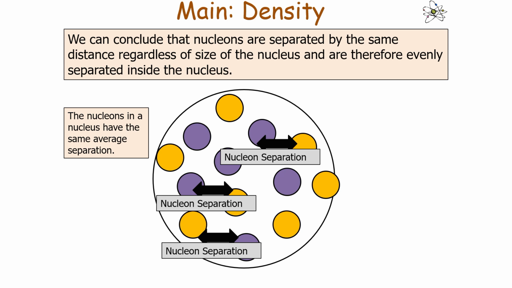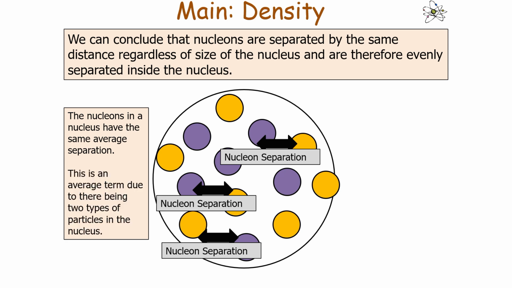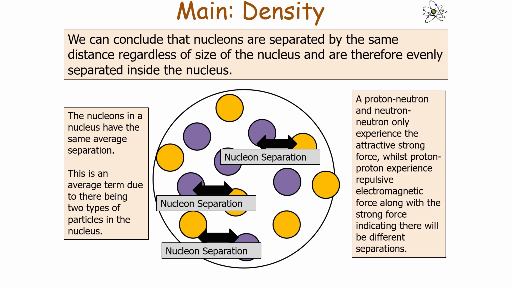Now please remember that the nucleons in a nucleus have the same average separation. This is an average term due to there being two types of particles in the nucleus. Now a proton-neutron and a neutron-neutron interaction will experience only the attractive strong force, whilst a proton-proton will experience the repulsive electromagnetic force alongside the strong force, indicating there will be different separations inside the nucleus.